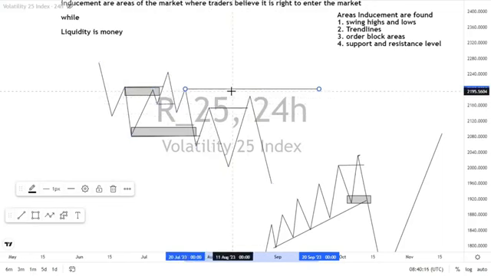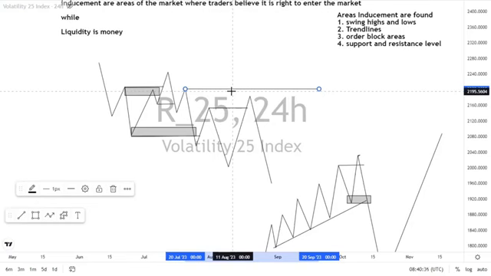Now, anywhere you see retail stop losses, that is where the liquidity is. That is where the market makers would want to buy or sell from, because they are just going to take their orders relentlessly. They will take it effortlessly, and then the market will move in your direction.